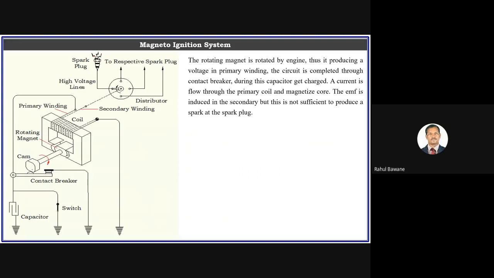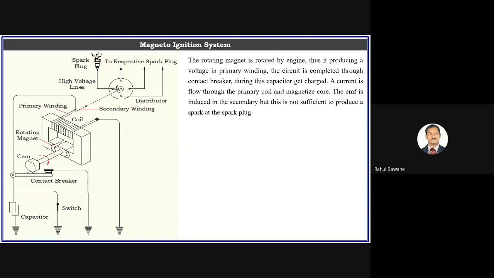So when we start the engine, our shaft will start rotating. This shaft has a permanent magnet, so the magnet starts rotating. As the magnetic field rotates, it will induce a primary winding current. When current flows through this primary winding, a magnetic field is produced in the core.